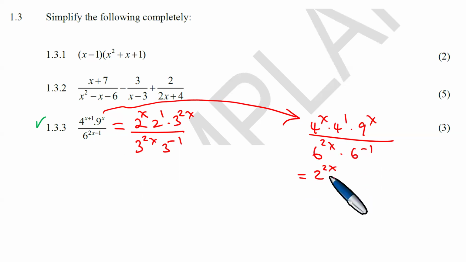Then 4 here is also 2 to the 2. 9 is 3 to the 2x. Next, you come to the 6 to the power 2x. 6 is tricky because 6 is not a perfect square, but you can write the number 6 as 3 times 2, to the power 2x.